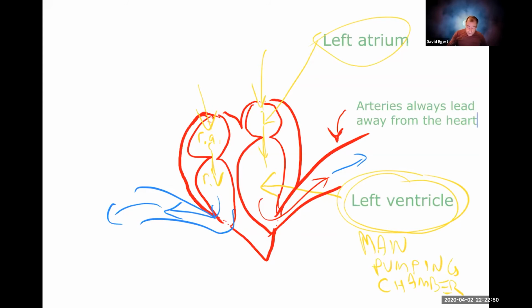And, for completeness, when we have blood returning to the heart, let's make it blue. When it comes back to the heart, it's going to be deoxygenated. Anything that's returning to the heart is going to be a vein.